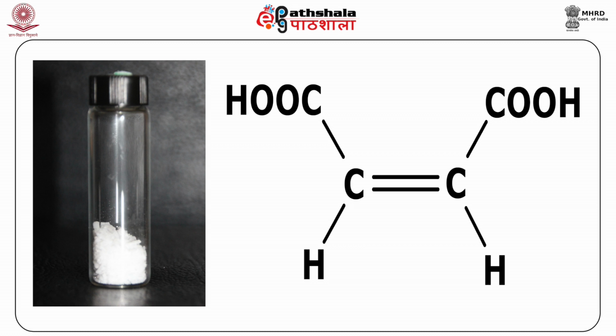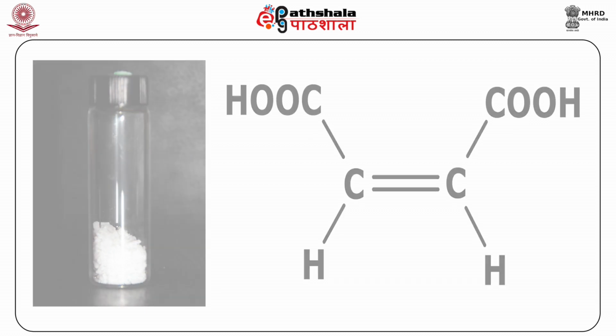Its chemical formula is HO2CCHCHCO2H. Maleic acid is the cis isomer of butenedioic acid, whereas fumaric acid is the trans isomer. It is mainly used as a precursor to fumaric acid and relative to its parent maleic anhydride. Maleic acid has a few applications.